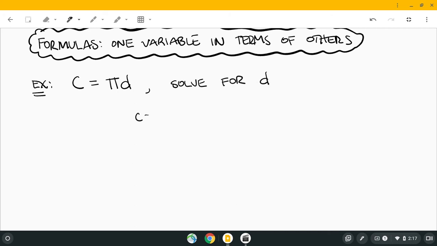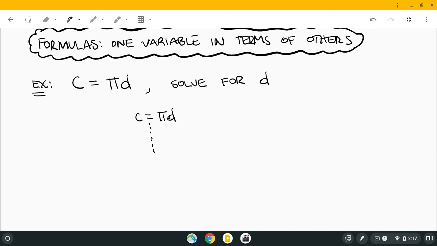Okay, so you have this formula, and you want to solve for d. The solving process is still the same. You still have to get that variable that you're solving for by itself. We see here that the d is not by itself. We have this multiplication by pi. Pi is like 3.14.